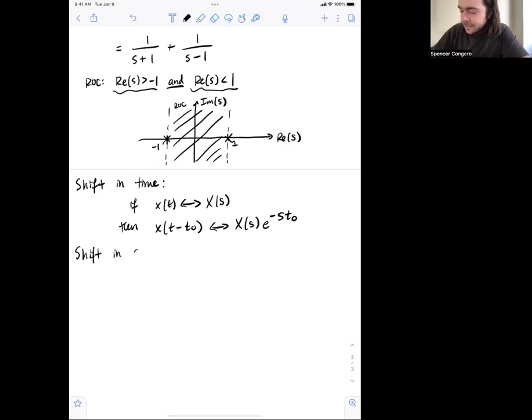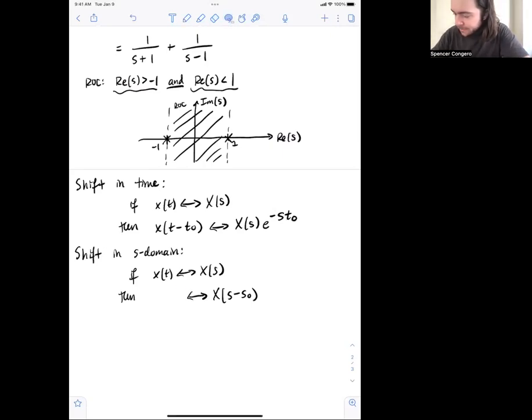Okay, how about a shift in the s domain? So if I have this Laplace transform pair, then what happens when I look at X of s minus s naught? Well, as you might remember, in Fourier it was e to the j omega naught t, because we were shifting by omega naught.